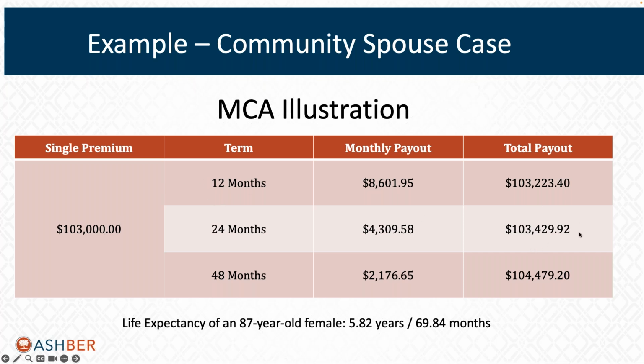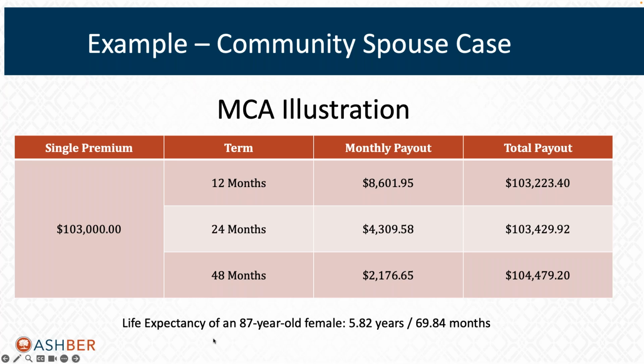So if the client proceeds with any one of these cases, I would say actuarially sound, we're good to go. I think the monthly payments on these annuities are pretty reasonable, even in a state like New Jersey. Even $8,600 per month on a 12-month term is not that unrealistic to see on an annuity like this. So I would be comfortable potentially recommending any one of these terms to the client.